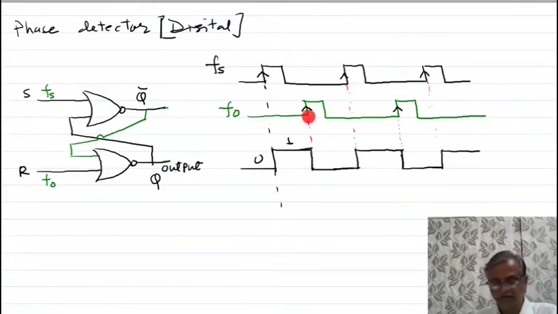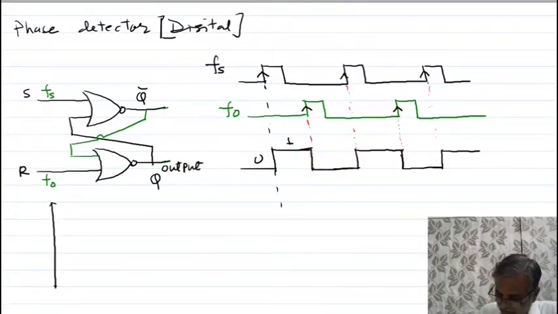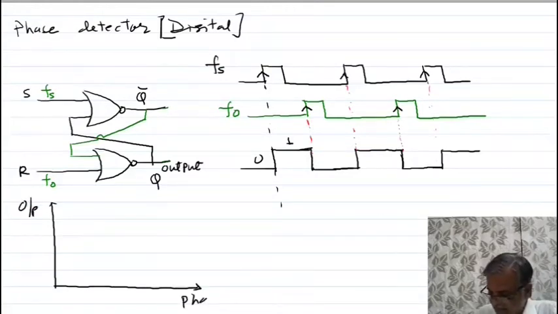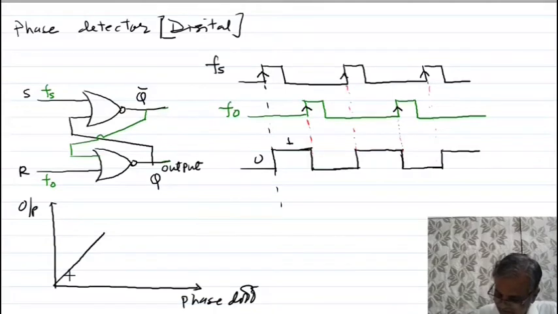When Fo changes state again, the output changes state. If you plot the graph of output versus phase difference between Fs and Fo, then you will get a linear relation between output voltage and phase difference.